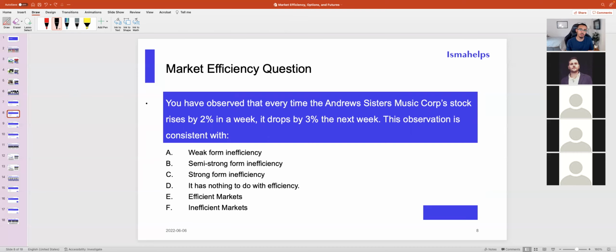The idea is the random walk. What is the random walk? The random walk says that the price of a stock today has no influence on the price of a stock tomorrow. So by definition, this would not be the random walk. This would be breaking the rule of the random walk.